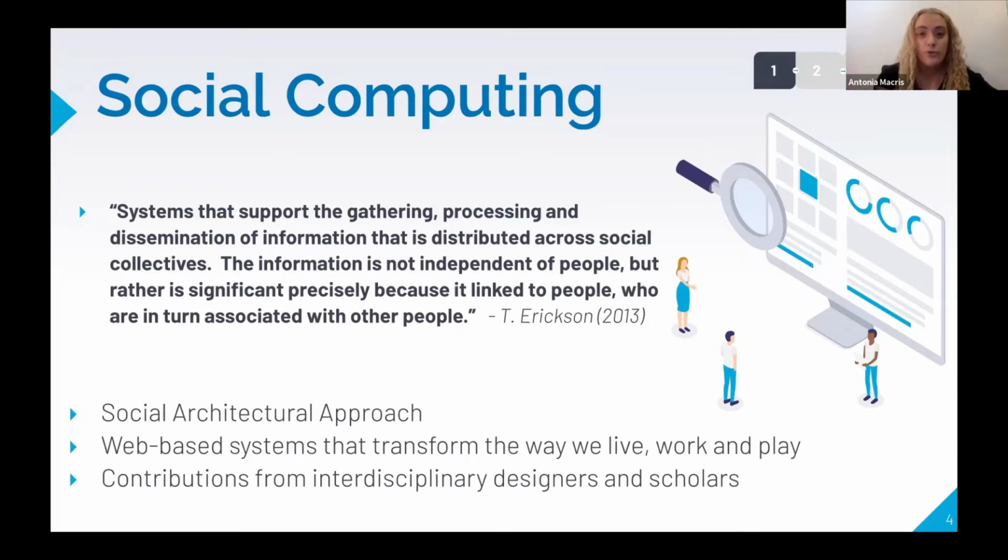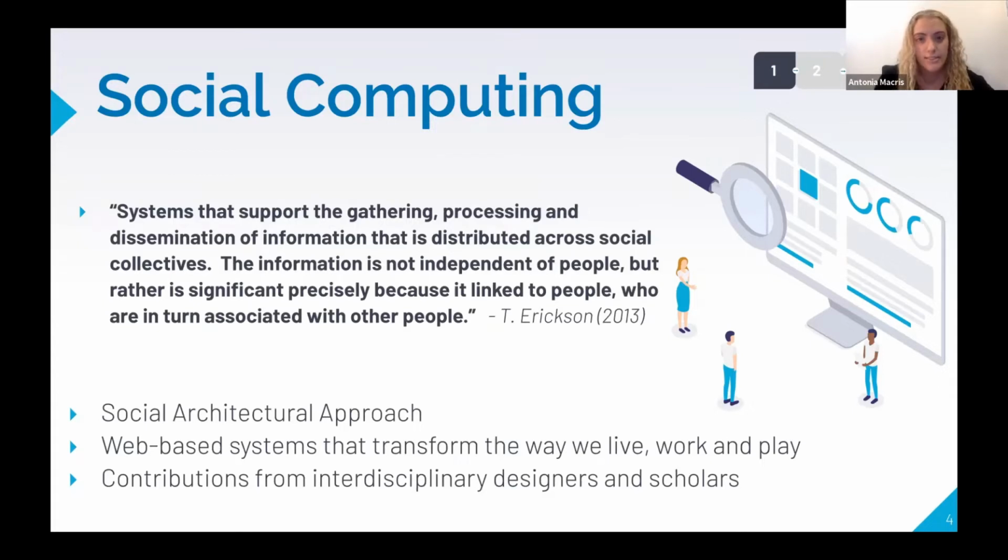These groups referred to by Erickson are called social collectives, and these include teams, communities, organizations, markets, cohorts, and more. It's important to note that this concept always goes back to the people, the users, the learners involved, and ultimately their needs.